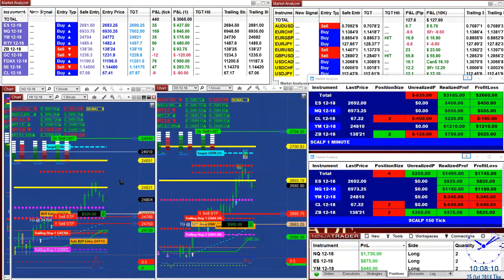But the same thing has happened on the YM here. This is a pullback, and actually, technically, this is a re-entry. So for those guys who have not taken a trade yet, or they missed out on that trade, this is a very nice re-entry point at this area here, and it is a very cheap place to re-enter the market. So there is nothing wrong with that trade.